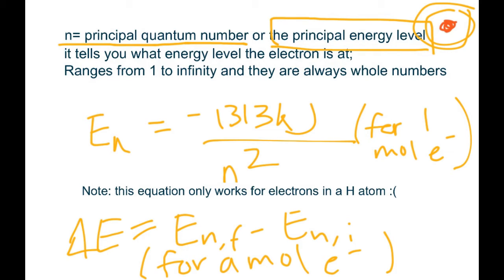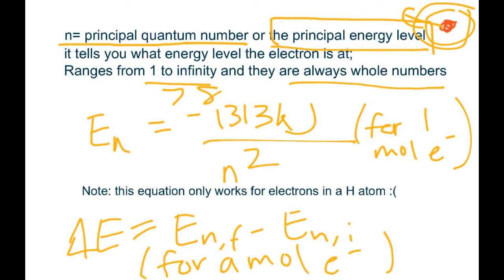So an electron with n equals 3 is in the third principal energy level of an atom. Electrons can be at different energy levels, and the higher the energy level is, the farther the electron is from the nucleus. The principal energy level ranges from 1 to infinity, and they are always whole numbers. We typically go up to about 7 or 8, but we never go to infinity. Infinity is just something theoretical.